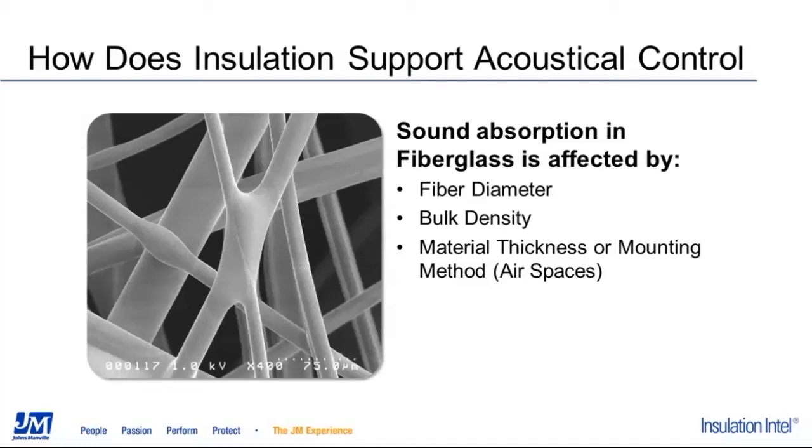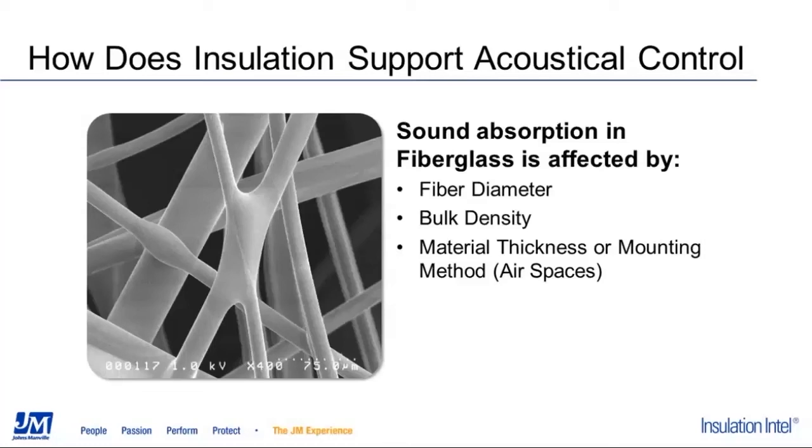Some ways that we can affect sound absorption through fiberglass would be through altering the fiber diameter, altering the density of the fiberglass itself, the fiber to air components, and also through the material thickness, your mounting method, whether or not it's faced.